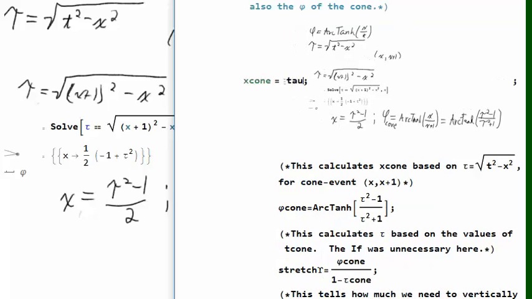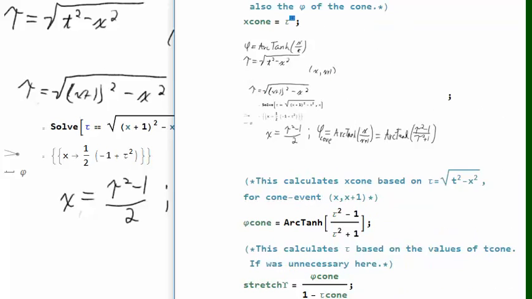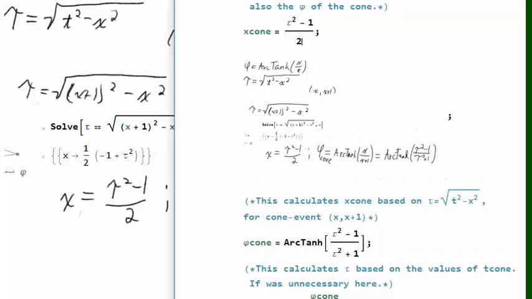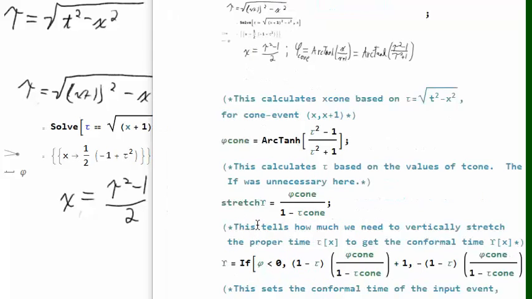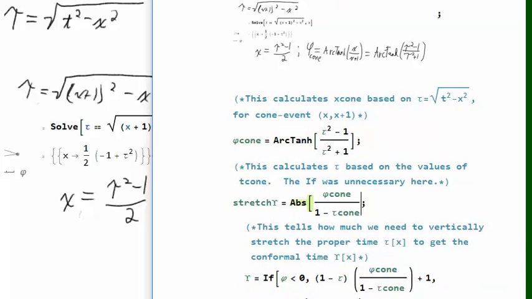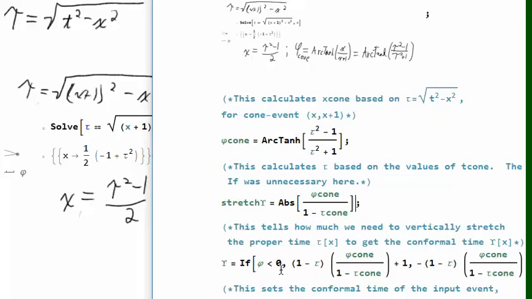Tau squared minus 1 divided by 2. And then I think what I can do here is just leave this the same. I'm going to make it an absolute value of this thing. And then down here, I'm going to take out the if statement.